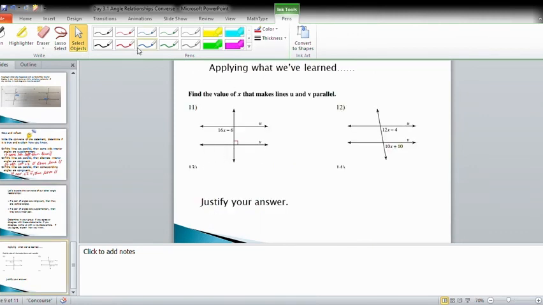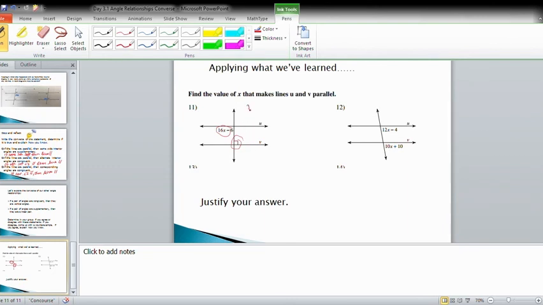All right, so let's look at a couple of examples now that we know. So we want to find the value of x that makes these lines parallel, right? So we're trying to make this relationship happen. So if this angle and this angle are the angles that we have, we know that these are alternate, because they're on the opposite side of the transversal, but they're inside my lines.